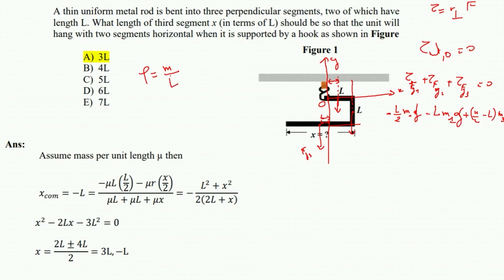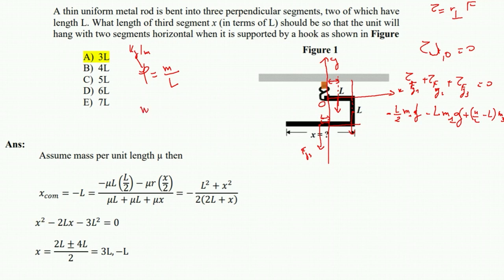So this density has a unit of kilogram per meter because I have a rod. This is what we call a linear density, or a mass per unit length. It's not a volumic density. A volumic density is a mass per unit of volume, but a linear density is a mass per unit length.